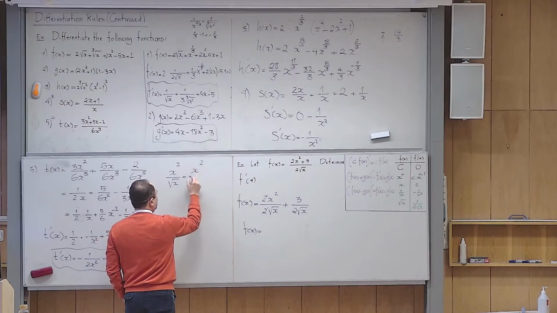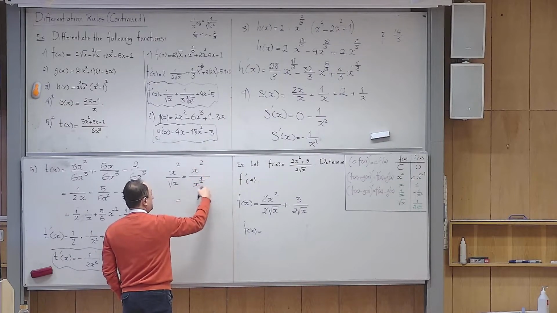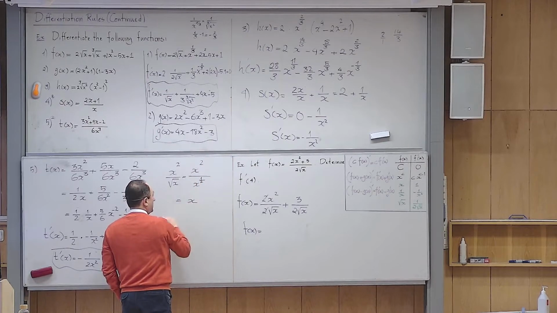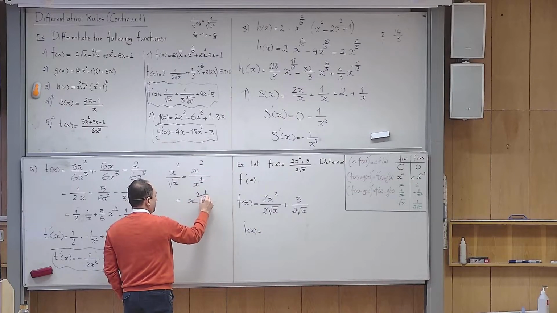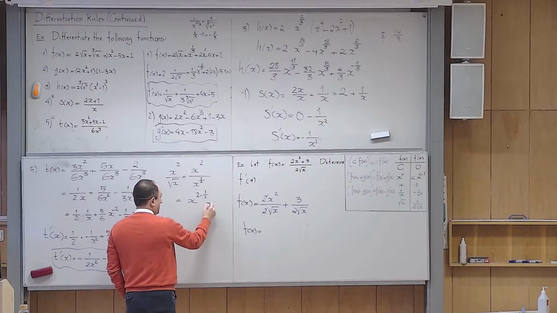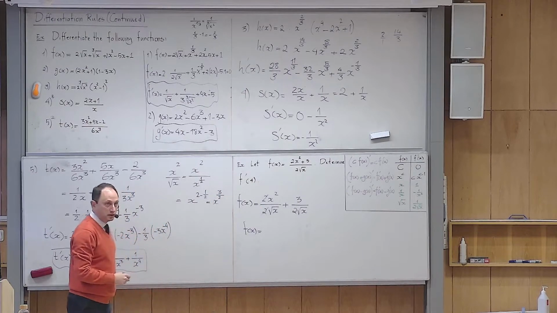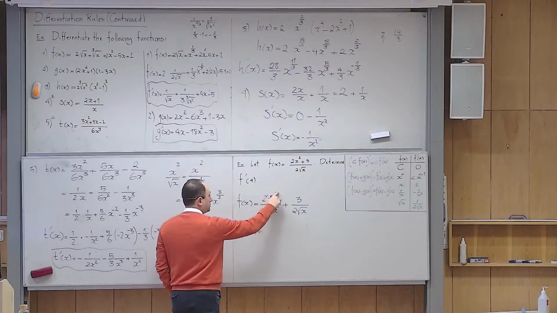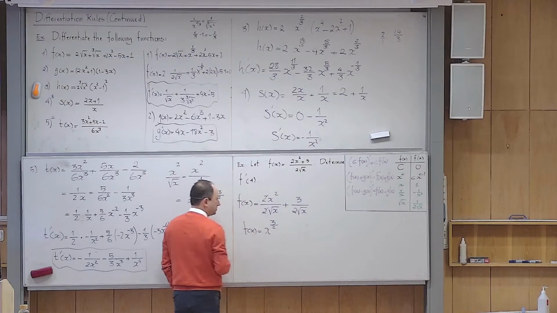The square root of x becomes x to power 1/2. But you already know that if I have 2 powers with the same bases, I write the same base and I subtract these powers. So 2 minus 1/2. 2 minus a half is 3 over 2. So this is why x squared divided by that is written as this one.